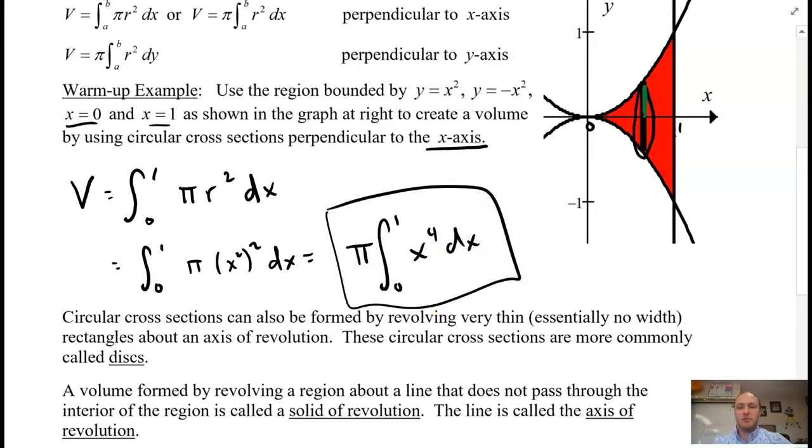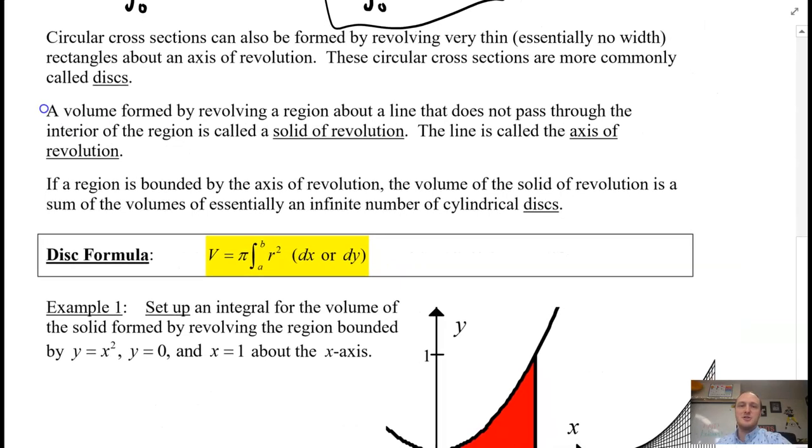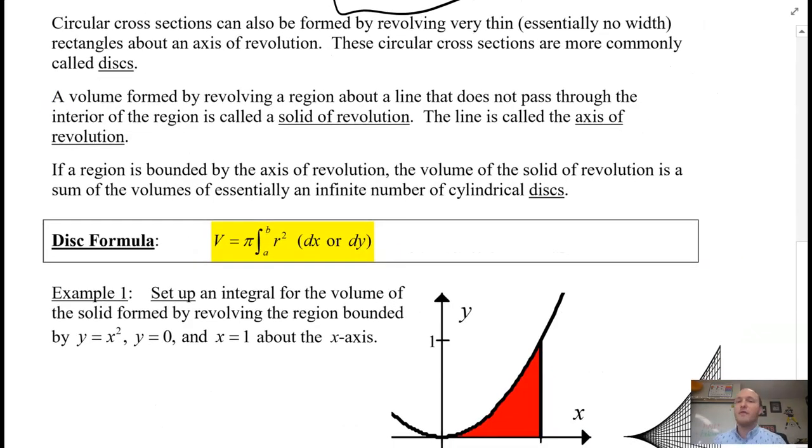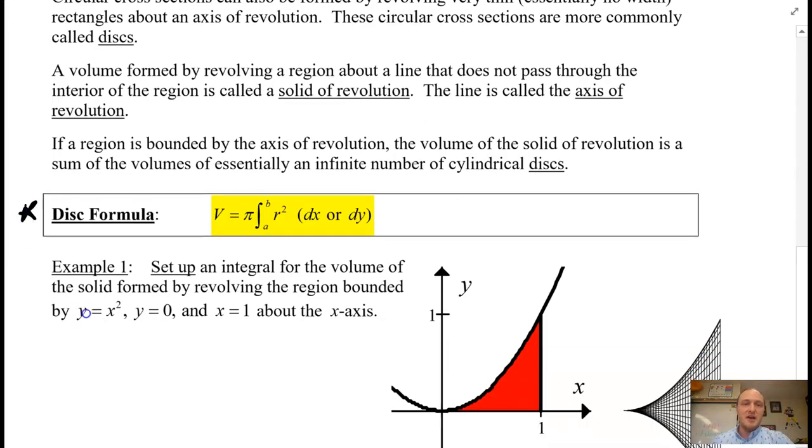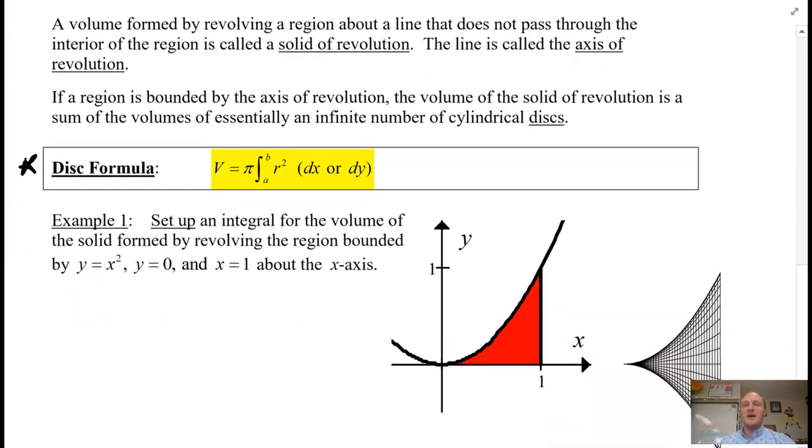All right, so this is similar to what we're doing today. Circular cross-sections can also be formed by revolving very thin, essentially no width rectangles about an axis of revolution. These circular cross-sections are more commonly called discs, and hence this lesson is on discs. A volume formed by revolving a region about a line that does not pass through the interior region is called a solid of revolution.